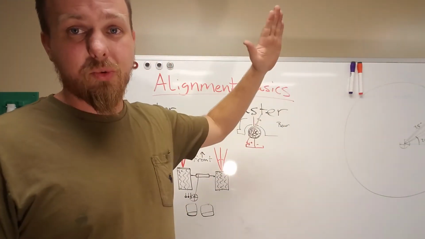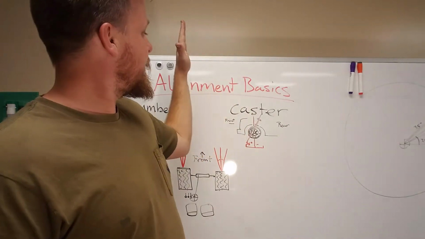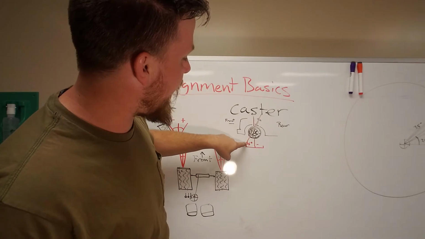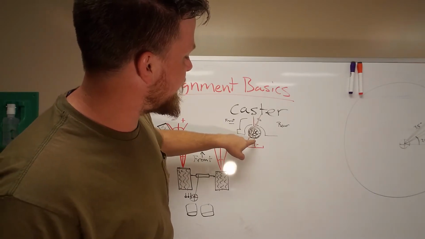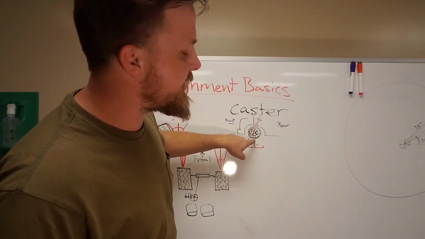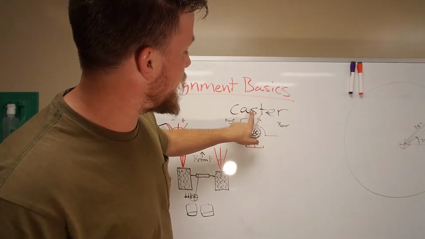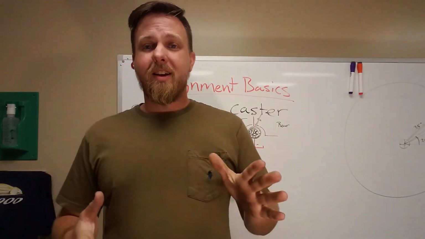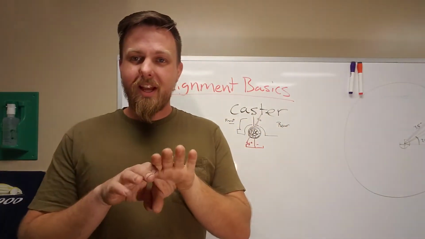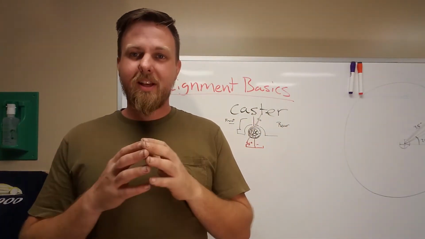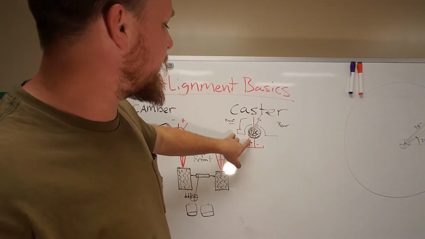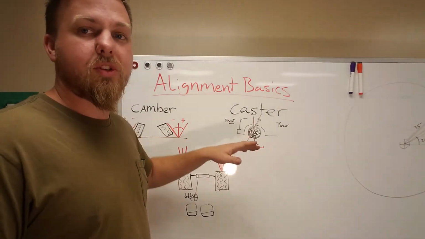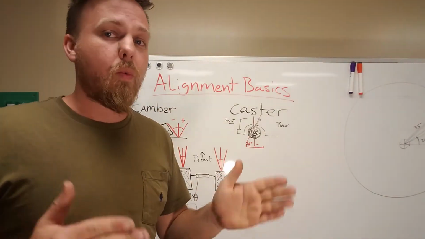You draw a line from that to the ground, and the difference between that line and the center of the wheel up and down is your caster angle. It creates a trail. The further forward this point is on the ground where it intersects, the more the wheel is going to want to go in a straight direction and not want to turn.